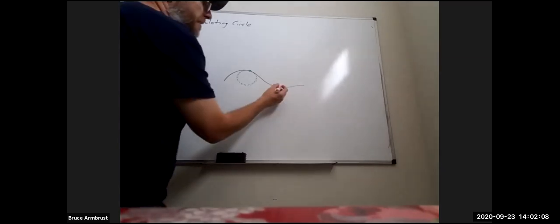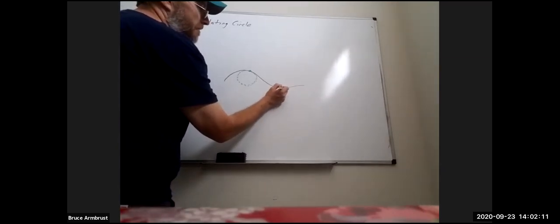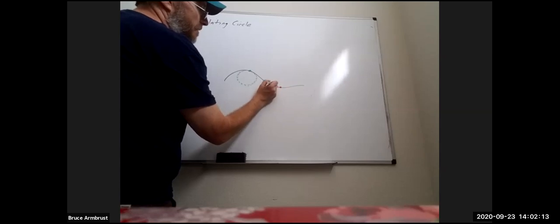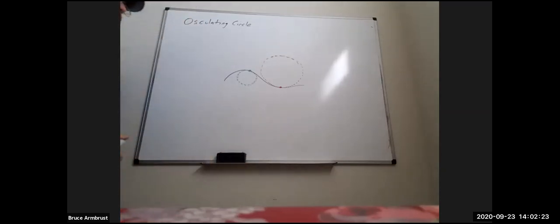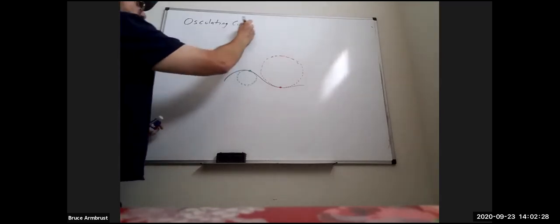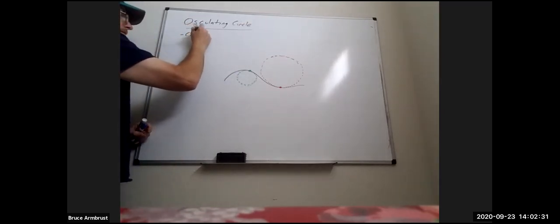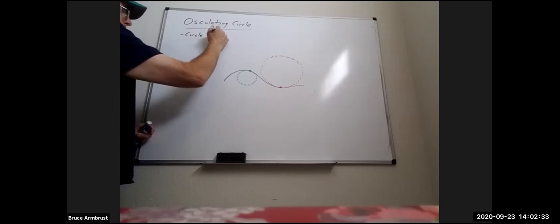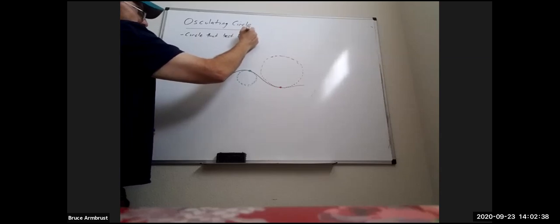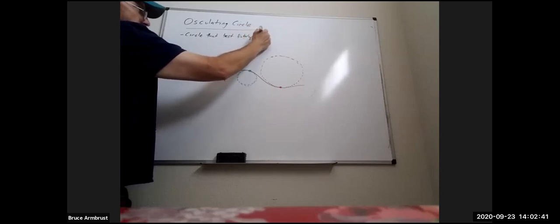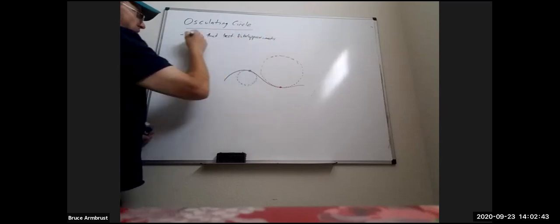If I were to come out over here, for example, on this point, that circle now is going to be opening upward. It's also going to be a little bit bigger. But again, squint your eyes so that that's a circle. So these are osculating circles. This is the circle that best fits or approximates the curve.